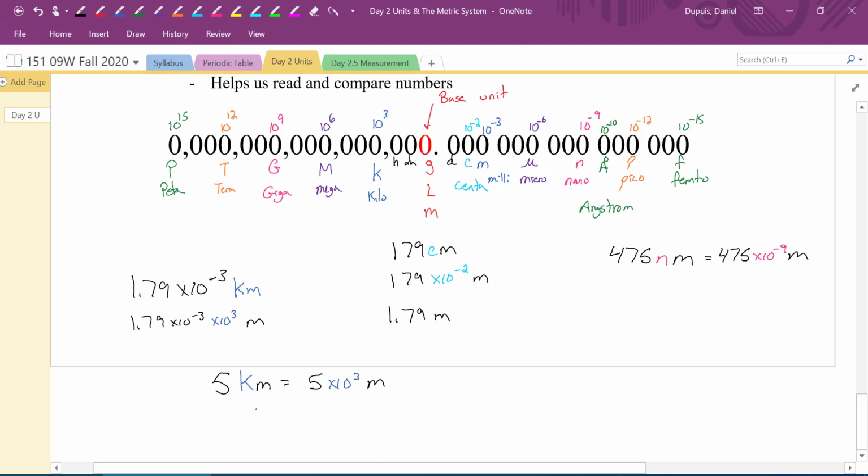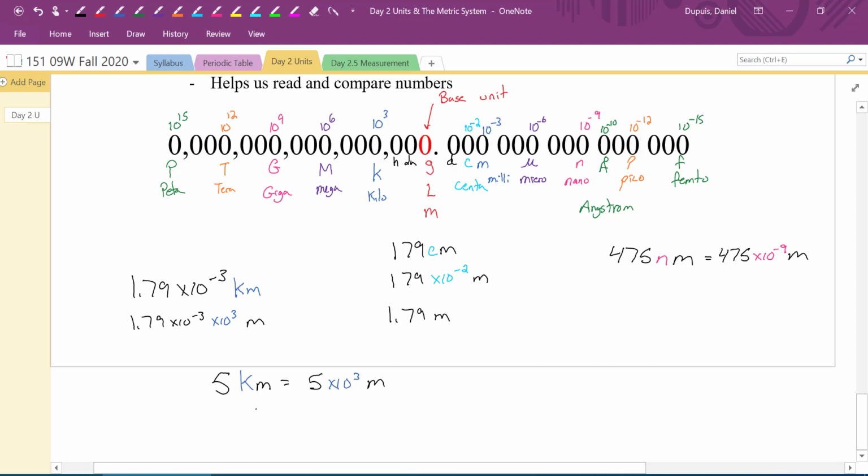So all these examples I've used so far are distance, meters, right? And so we're either a fraction of a meter or we're bigger than a meter, right? So kilometers are multiple meters put together. Centimeters are a fraction of the meter. So 179 centimeters is 1.79 meters. It's 1 meter and almost 80% of another meter.